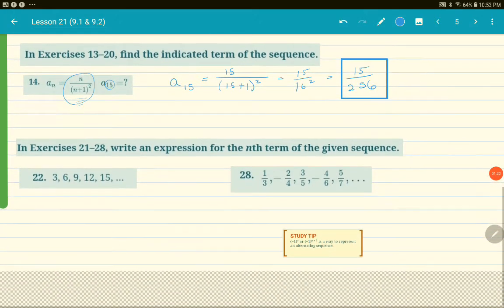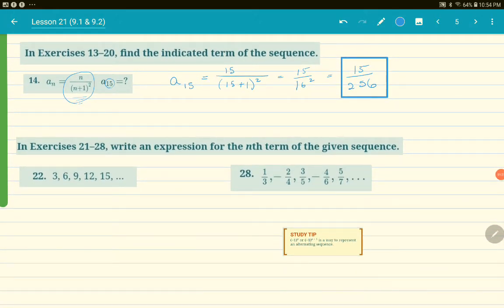So for number 22, what's the pattern? Let's see, what's going on from 3 to 6, 6 to 9, 9 to, actually, I think this is the one I used in my intro, didn't I? So to find sequences, we actually use this as our example. What we found is I was adding 3 every time. If you set this up as a function, 1 maps to 3, 2 maps to 6, 3 maps to 9.